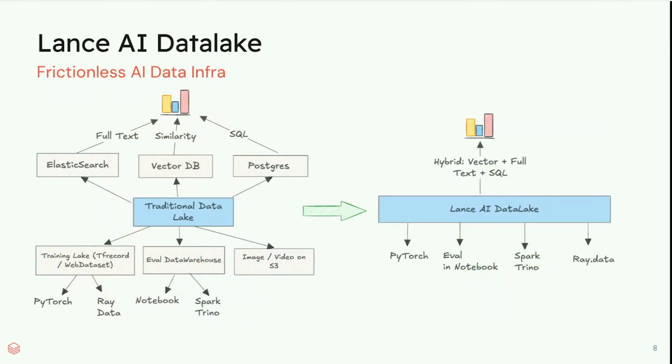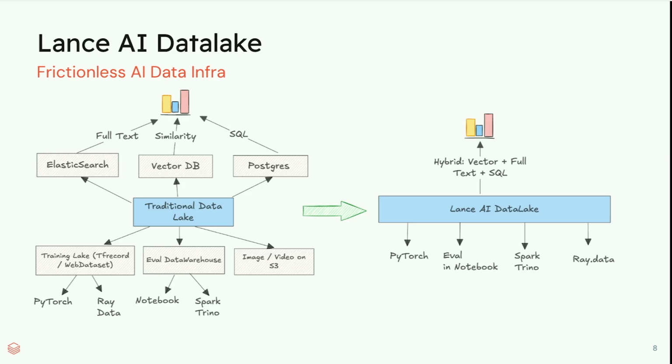I just talked about many different functionalities that Lens already serves, but how do the different pieces merge together? This is the graph where we merge all the capabilities together. On the left side, you may have your traditional data lake, with different kinds of databases for different functions.